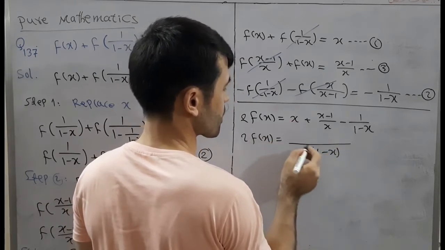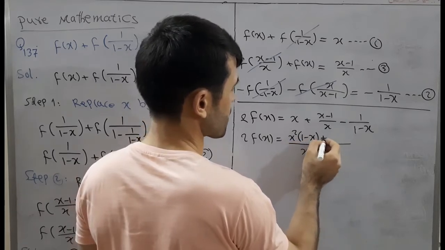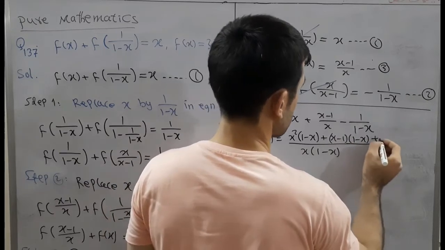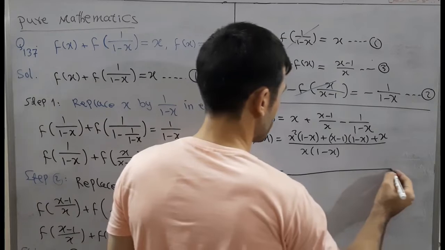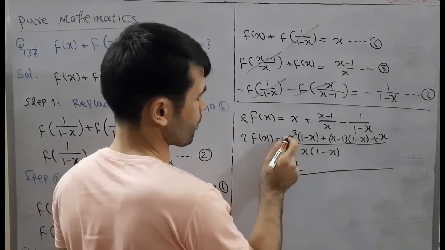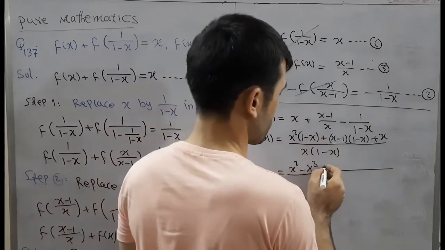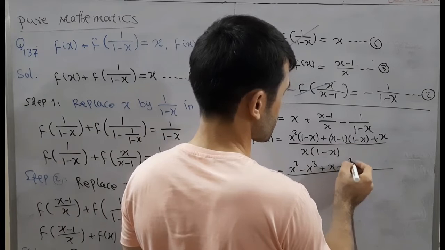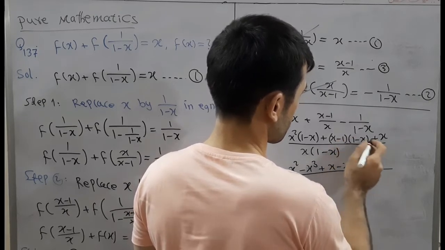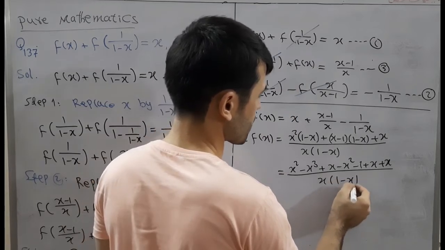Multiply out the numerators: x square into 1 minus x plus x minus 1 multiplied by 1 minus x plus x. These two cancel.